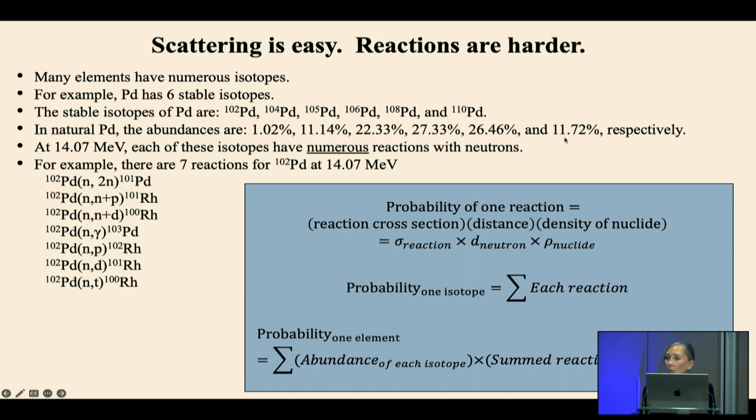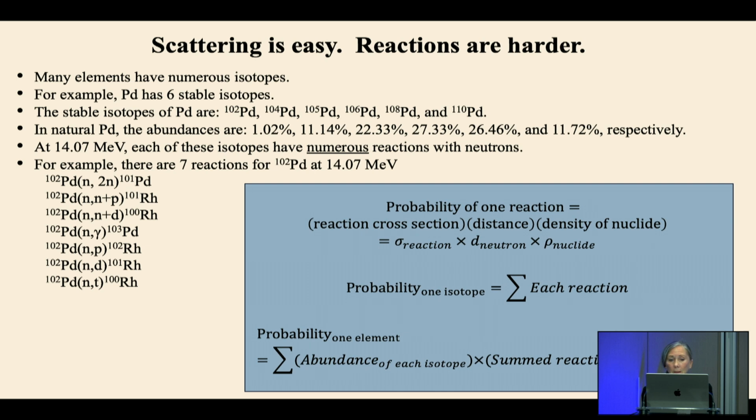At 14.07 MeV, each of these isotopes has numerous reactions with neutrons. For example, there are 7 reactions for palladium-102 at 14.07 MeV. These are the 7 reactions that occur when a palladium-102 encounters a neutron.